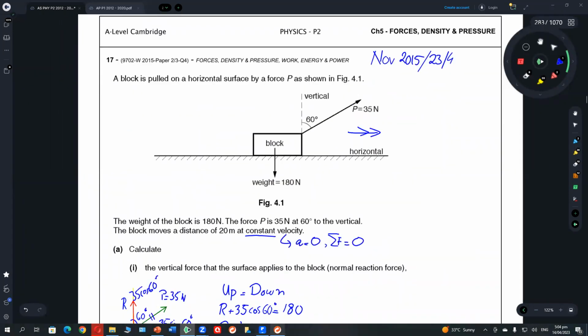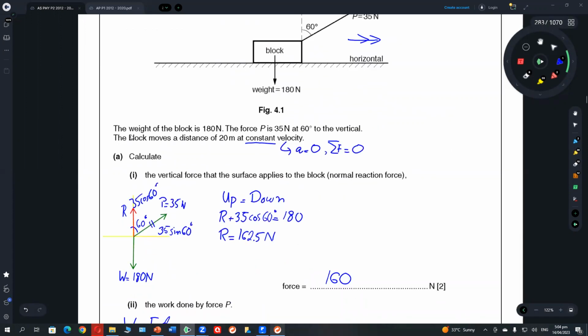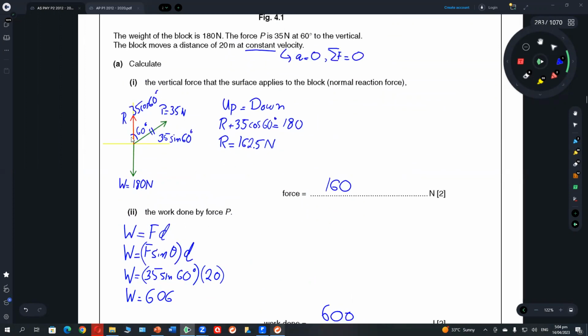This was the first question for today, and due to a recording error, I couldn't explain this part. This is the force acting on a block. He says calculate the vertical force that the surface applies to the block, the normal reaction force. It is an equilibrium, so I have drawn a diagram, resolved it, and then used up is equal to down.